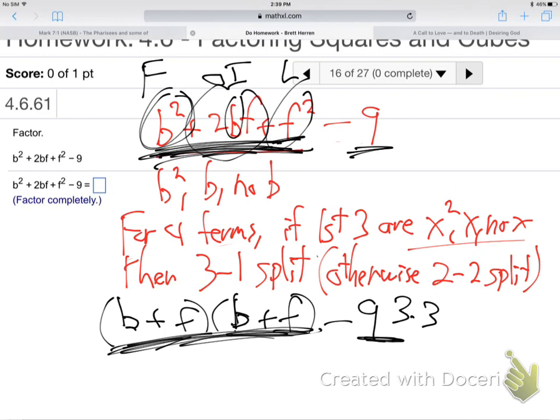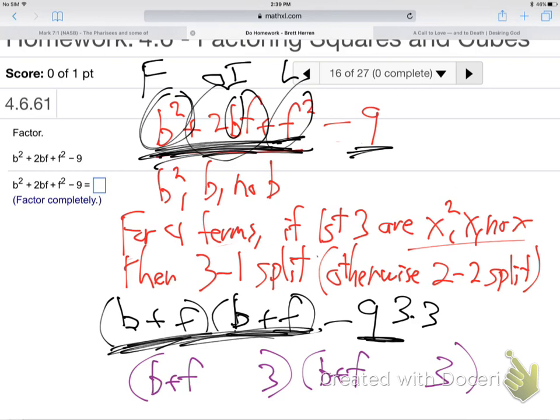Just two parentheses, right? Put one of the B plus Fs in the left parenthesis, and the other B plus F. Two B plus Fs on the left means a B plus F on the left of each parenthesis.